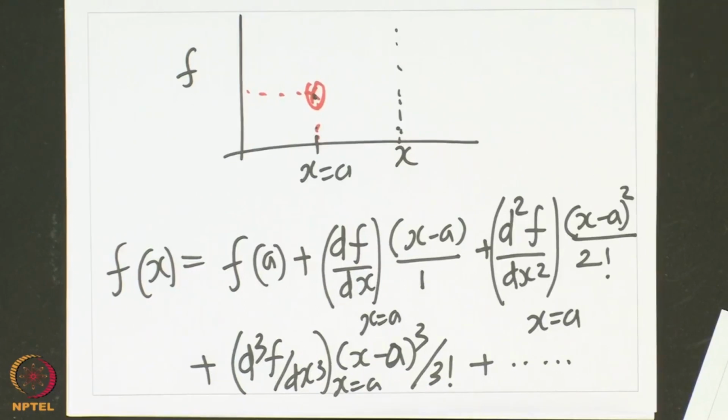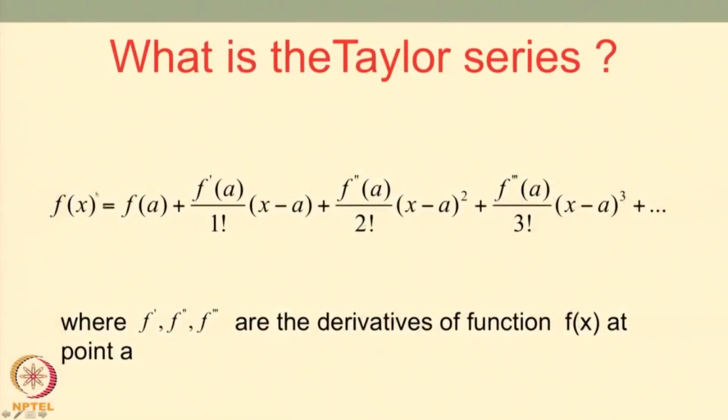So what does the Taylor series say? The Taylor series says that f of x, the function at x, can be obtained if I know the function at a.